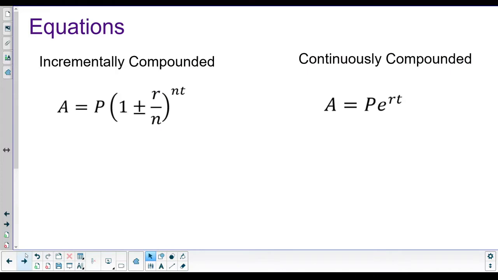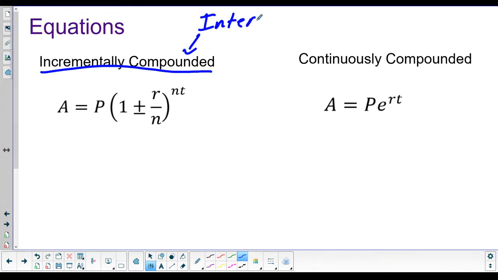So the first thing we need to look at are the two different types of equations that you're going to be working with for this process. For the incrementally compounded, let's talk about what we mean by compounded. What we're going to be talking about today is specifically interest and how different money accounts at different interest rates accrue interest over time.